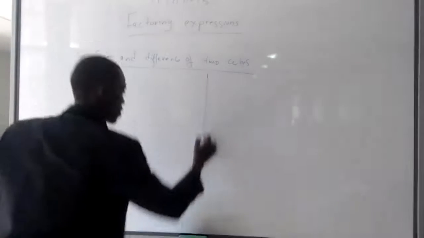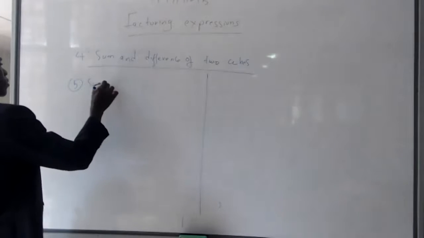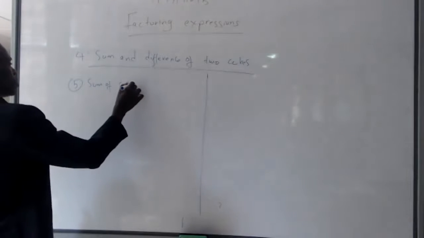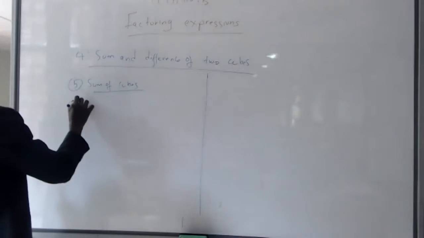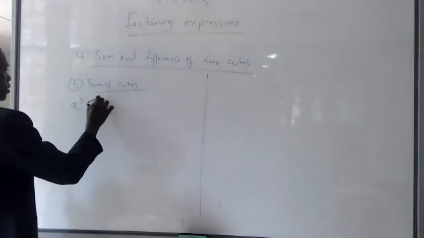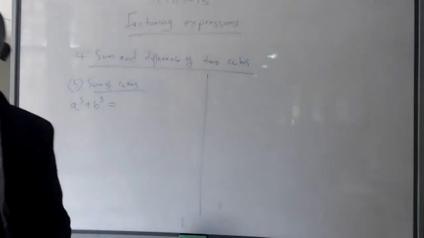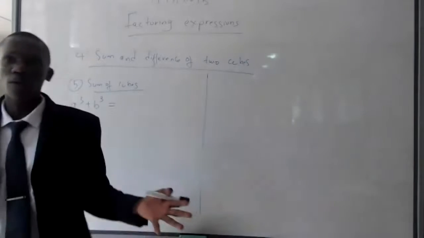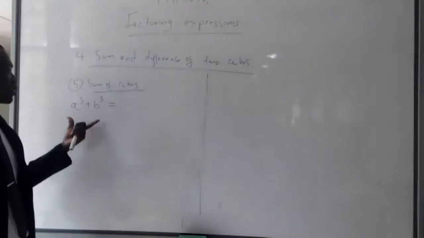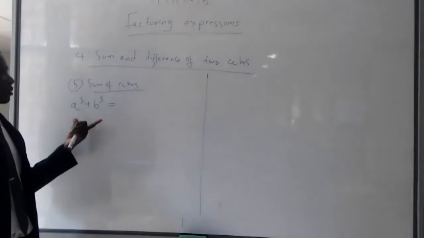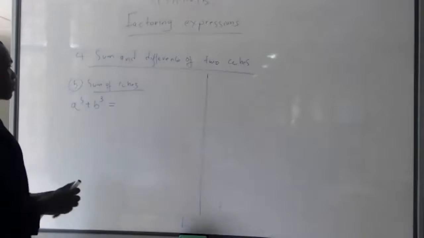Now next is sum of cubes. So you want to factorize things like a cubed plus b cubed. And remember, a and b are just dummies. You can use any other two letters you like, maybe x and y, p and r, j and h. These are dummy variables. The meaning of the expression does not change if we use different variables.